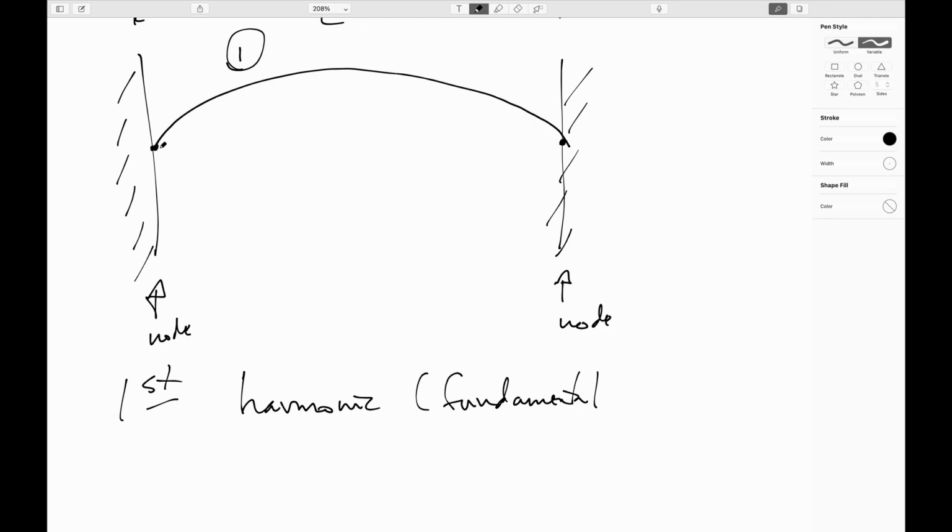And if you take a look at this, this is just one loop, which is half a wave. So I can fit half a wave between the two ends. So the wavelength of the fundamental will be 2/1 times L. And yes, I know I could just write 2L, but bear with me here for a moment.